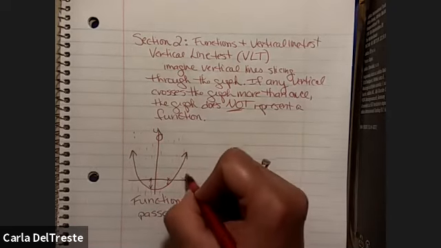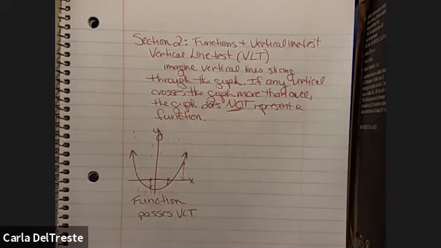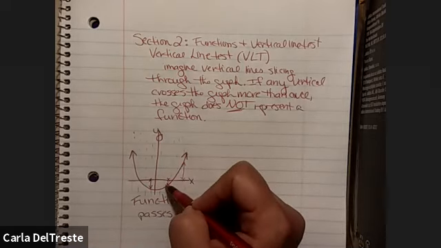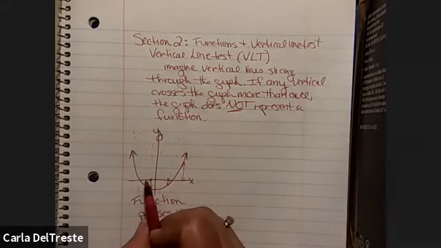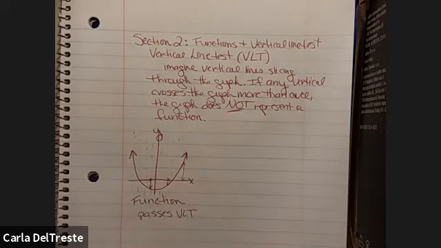Does this input give me one output? Absolutely. And see, these vertical lines are being drawn because I'm going to a particular x value, and then I'm seeing if it gets to the graph one time. So we are still using the basic definition of a function that every input is only allowed one output.